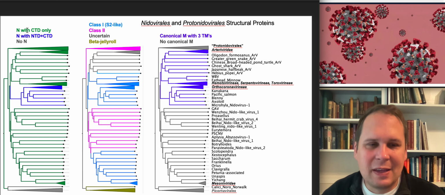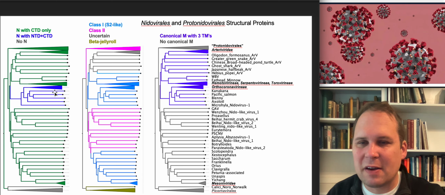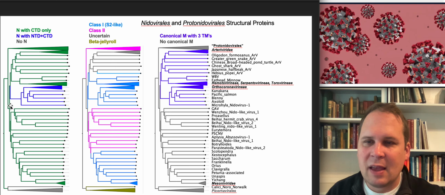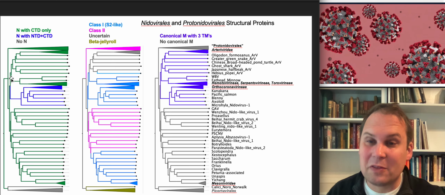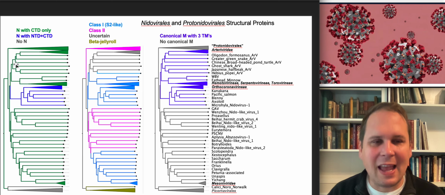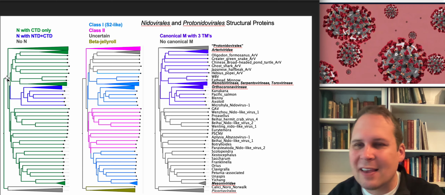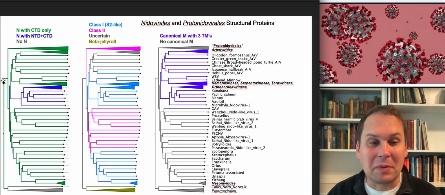So from this tree organization, from the tree topology, we're looking at time, which starts over here and then goes to the present, which ends in a little dot or the end of a triangle. We can see that if the early branches have a C-terminal domain and the next branches have a C-terminal domain, and the next branch after that has either an N-terminal domain and a C-terminal domain, or just a C-terminal domain, then probably the ancestral condition, the last universal common ancestor of all these things, the thing that would be at this node right here, probably had just a C-terminal domain.